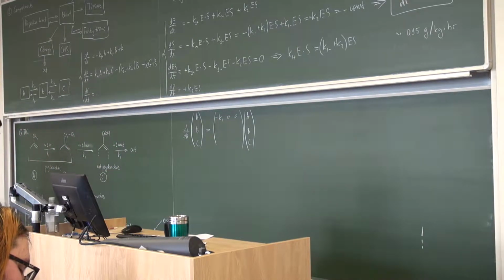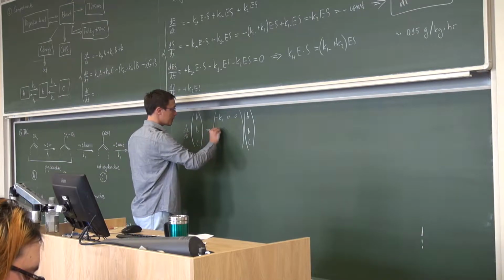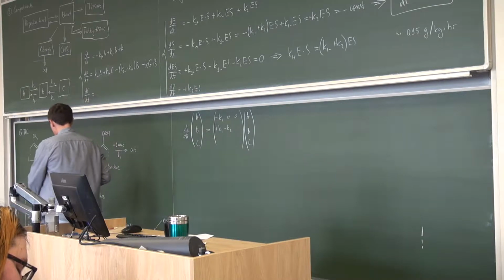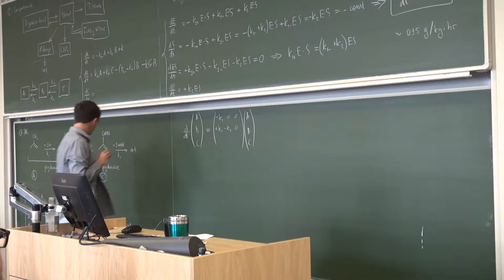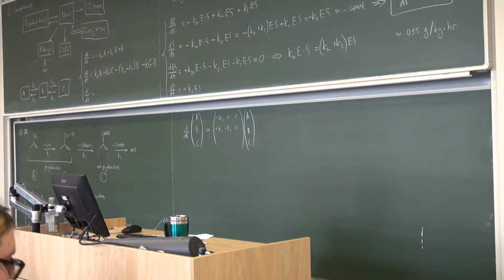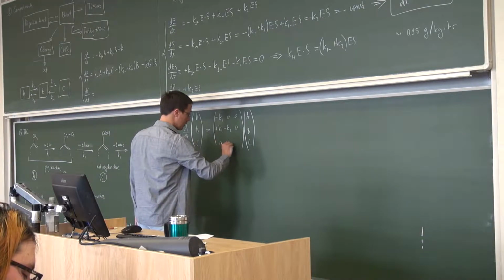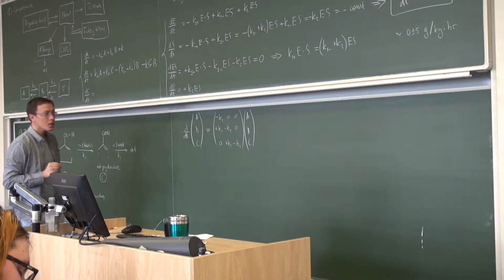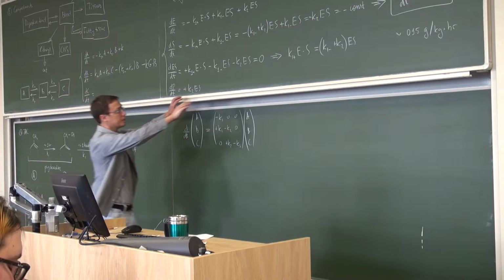Then dB by dt is K1A minus K2B, so plus K1, minus K2, and C does not occur, therefore it must be multiplied by 0. And then finally dC by dt is K2B minus K3C, A does not occur, so 0, plus K2, minus K3. This is our kinetic matrix, and let us now calculate its eigenvalues.